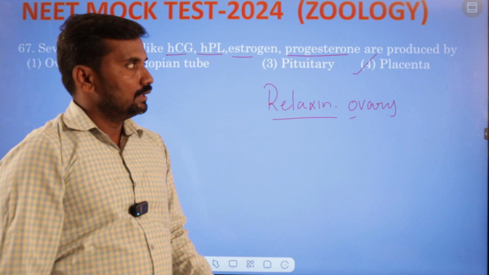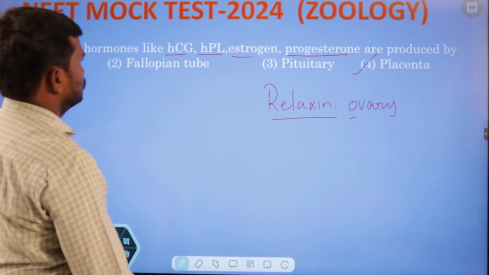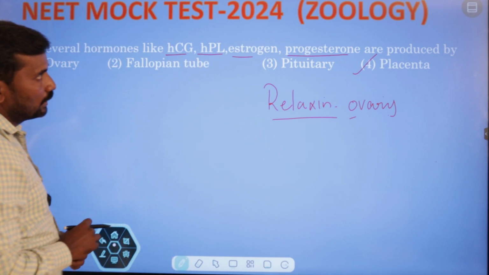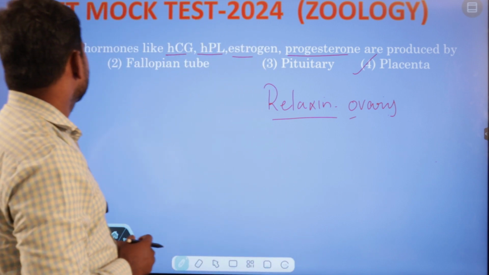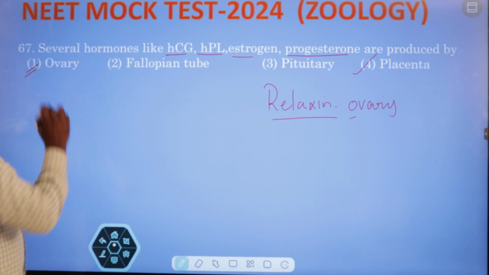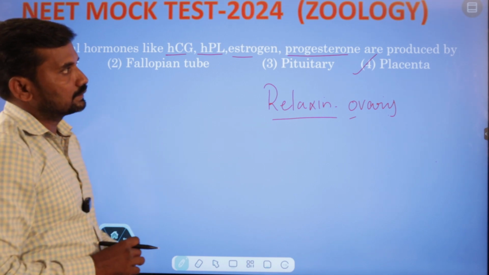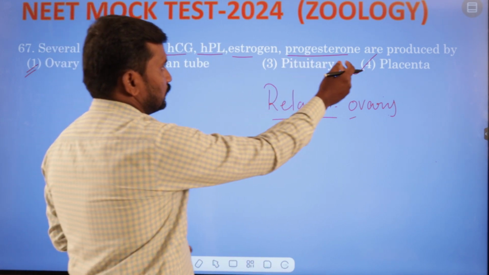The placenta is the connection between the fetus and the mother. The ovary specifically produces estrogen hormones. The fallopian tubes are the site where fertilization occurs. The pituitary gland is otherwise called the master gland. So the correct answer is placenta.